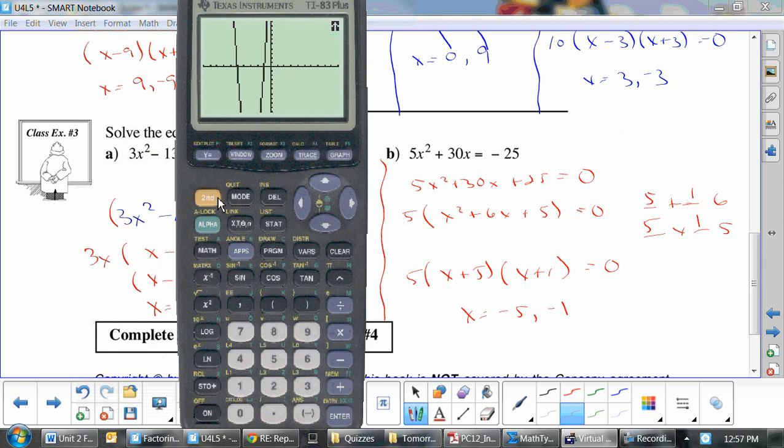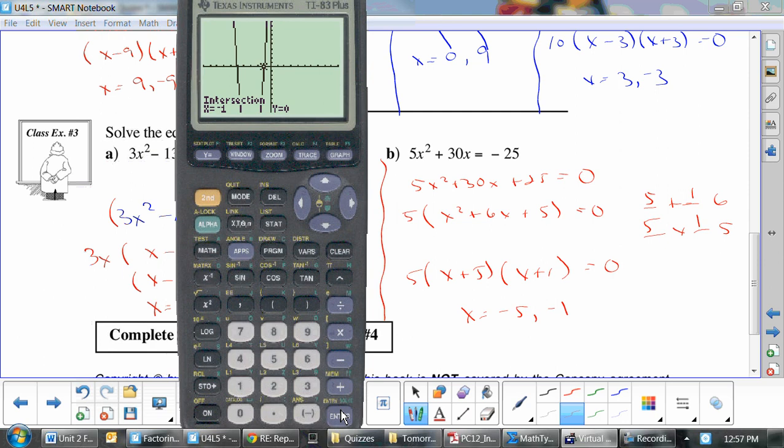Not at the same time, but if you do, and if I put in my y2, sorry, as 0, then I can use my intersect, right? And you won't even see it if you don't do the thick line, because it did it already. You don't even see it, but it went right over the x. So then I go second, trace, 5, enter, enter, enter, and it'll go to that one.